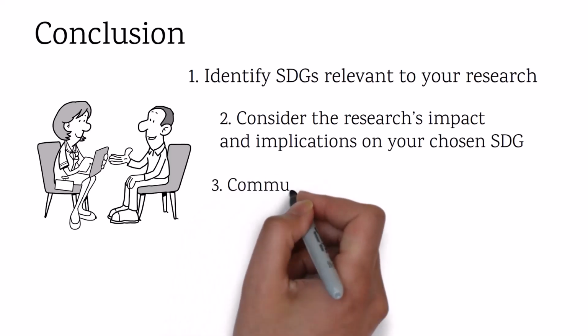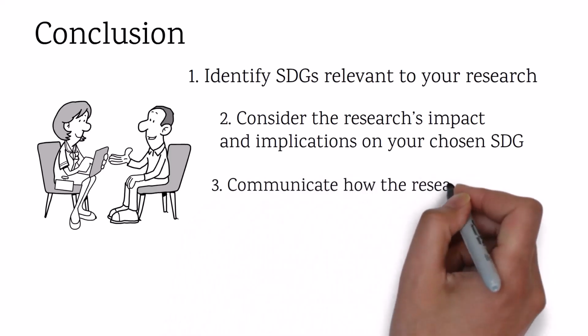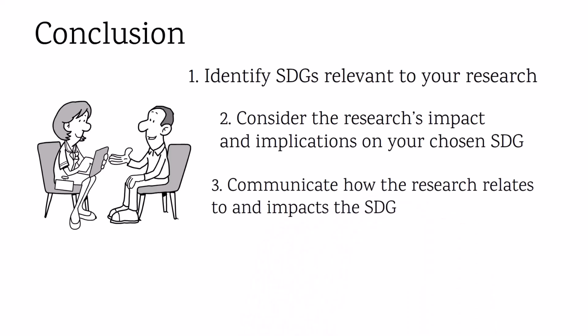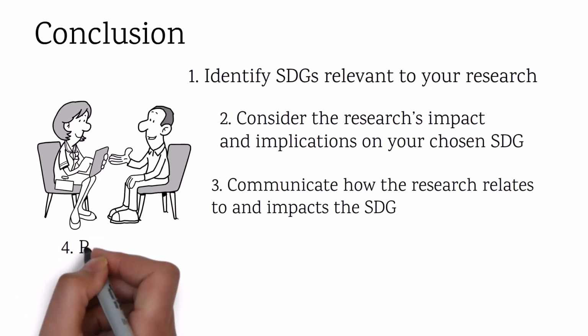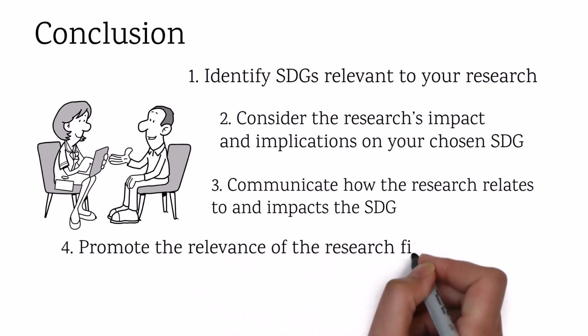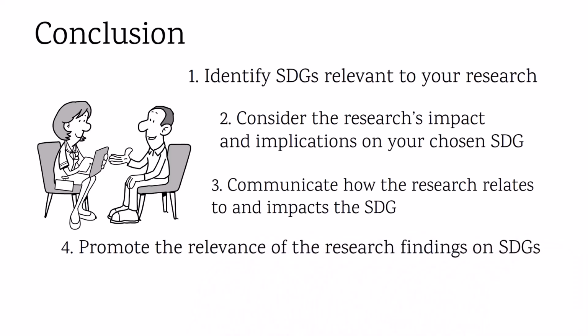Once you've done this, it's important to communicate how your research relates to and impacts the SDG. And part of this communication could be, as a fourth step, to promote the relevance of the research findings on SDGs.